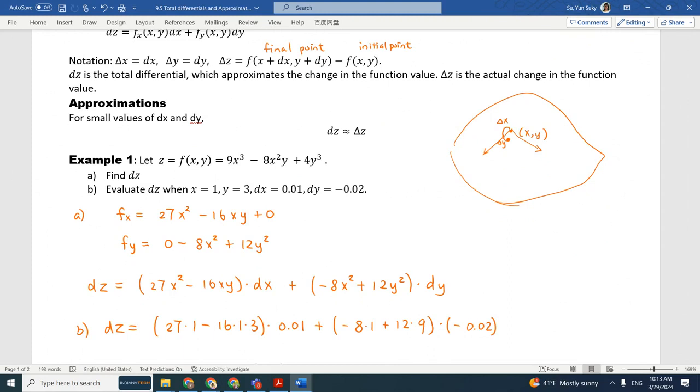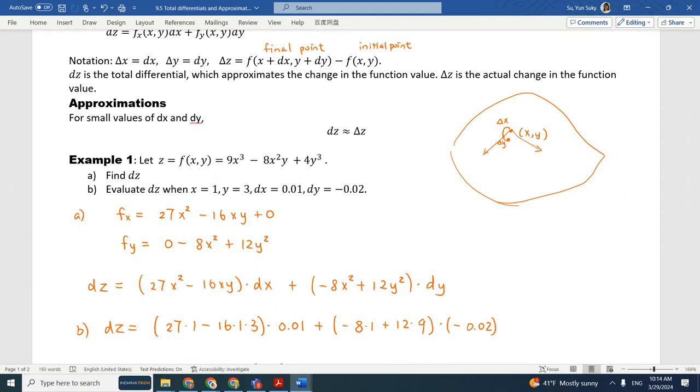So let's see. Put this in your calculator. So parentheses 27 minus 16 times 3 times 0.01 plus negative 8 plus 12 times 9 times negative 0.02. Put this in your calculator. What do you get?